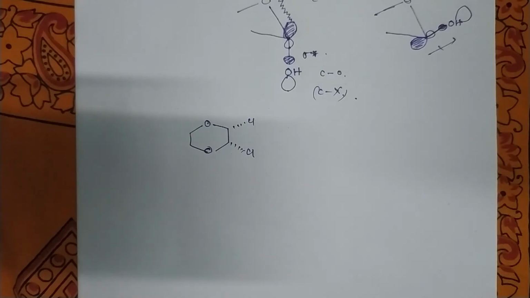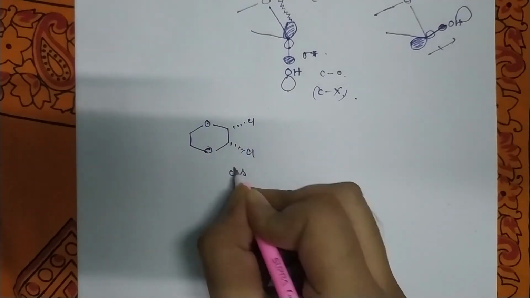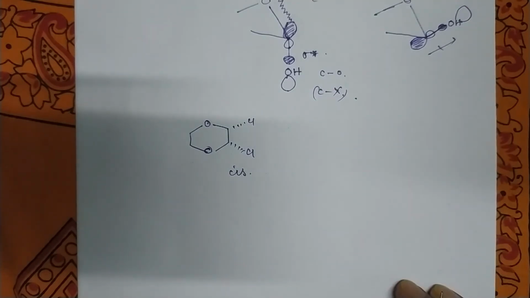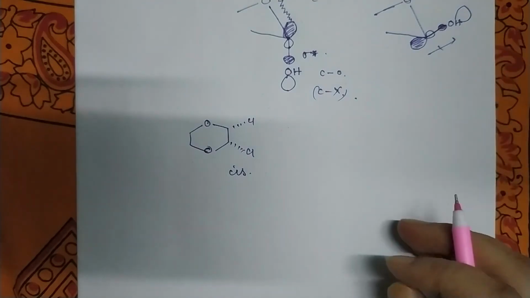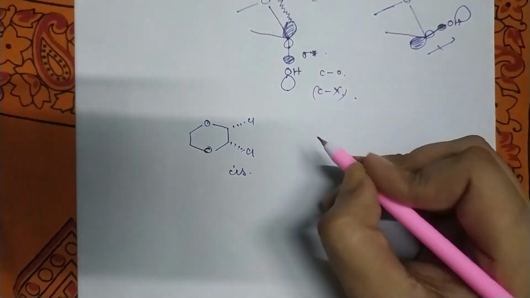Here you can say this is in the cis conformation because both the chlorines are down. We will try to write this in a chair conformation, just like the pyranose for glucose, because the main skeleton is like the cyclic structure of glucose. So let's write it.